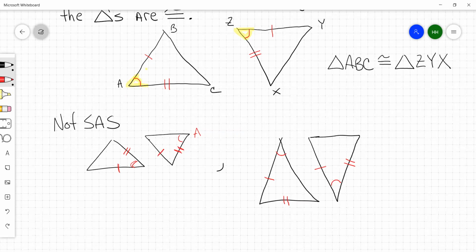It's formed by the two congruent sides. But in our triangle on the left, the angle is not the included angle. The congruent angle is not the included angle. So both of these, this right here, that gets a not congruent. And this over here, this gets a not congruent.